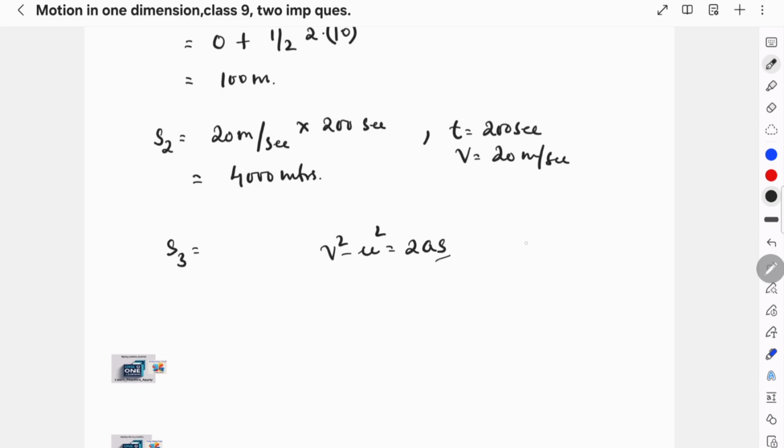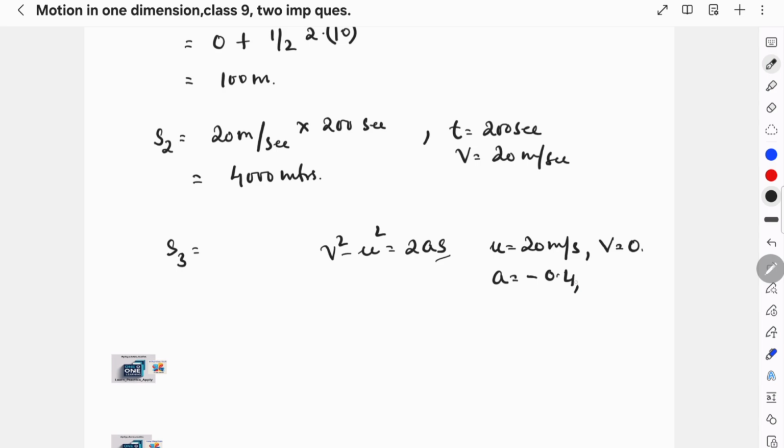So the initial velocity u will be 20 meter per second. The final velocity is 0 because the train is coming to stop. Since it is a braking action, acceleration is negative 0.4.